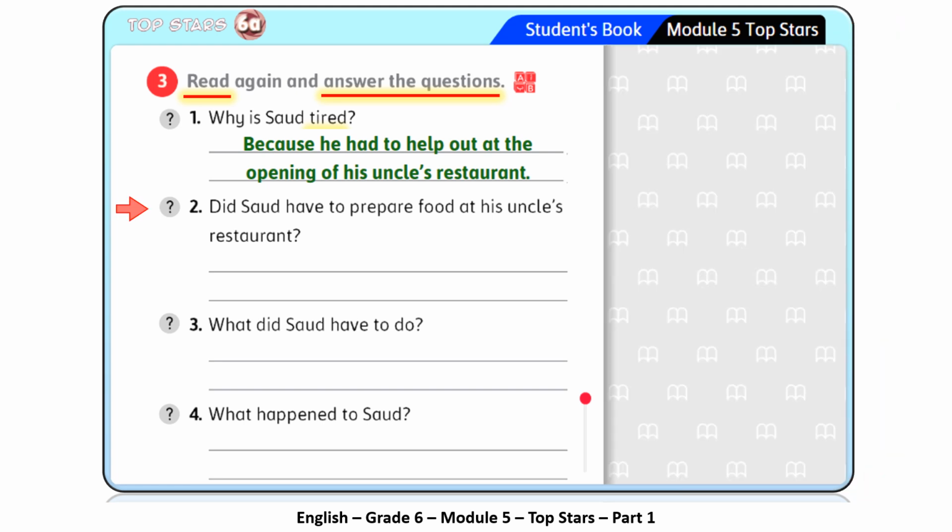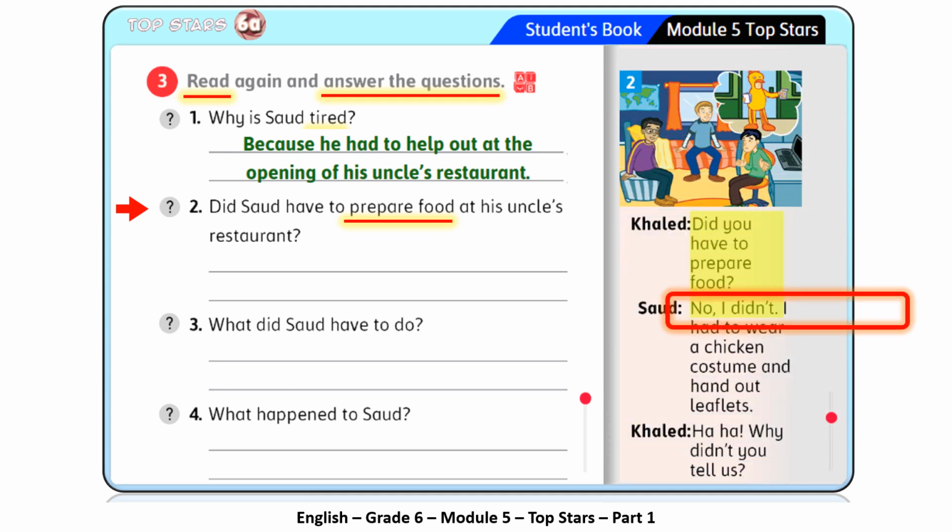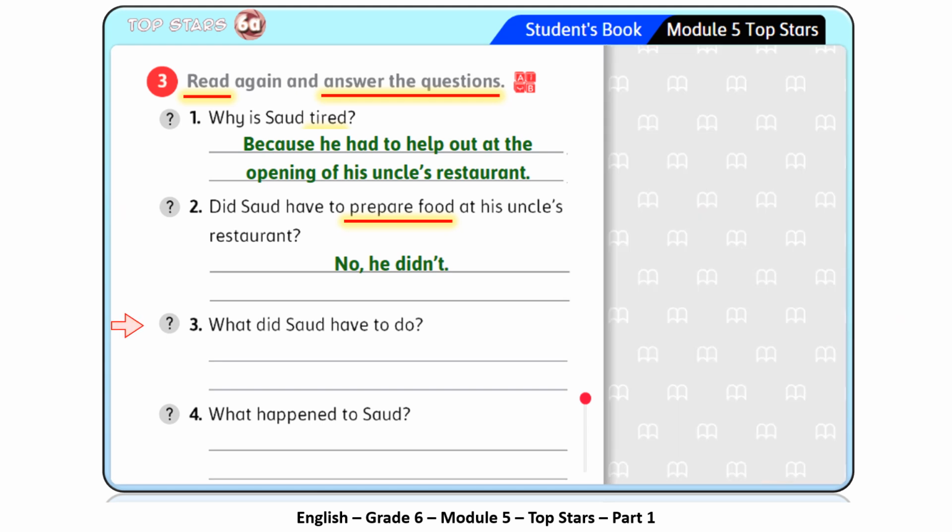Back again to check. Number 2. Did Saud have to prepare food at his uncle's restaurant? So we go to the text to see. Did you have to prepare food? No, I didn't. So the answer is no, he didn't. Now it's time to question number 3.